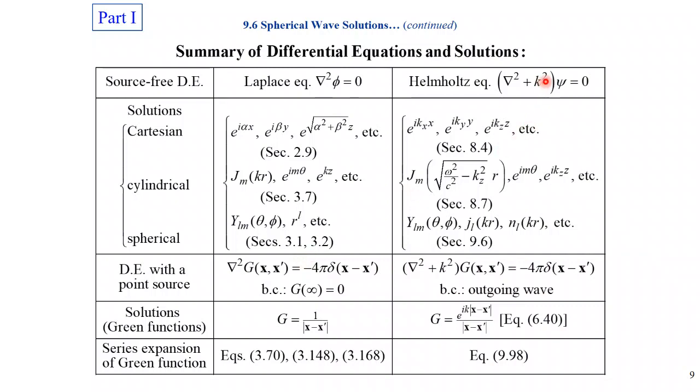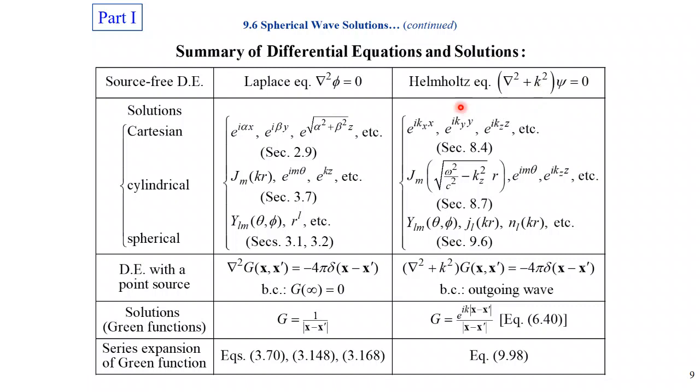Now we have the Helmholtz wave equation, source-free, the time-independent wave equation: Laplacian plus k squared times phi equals 0.